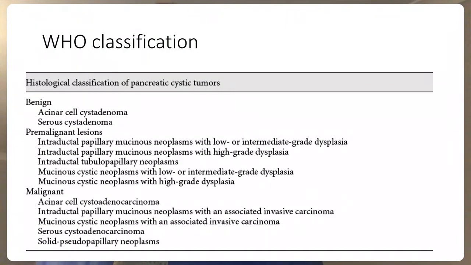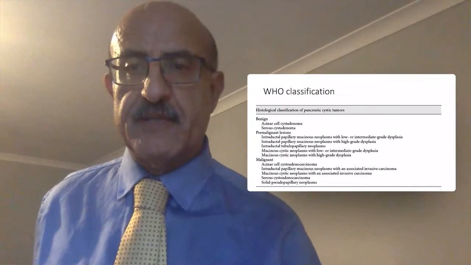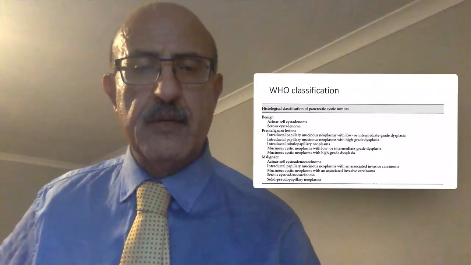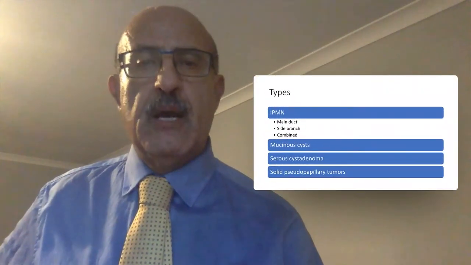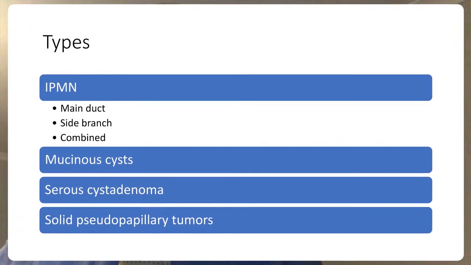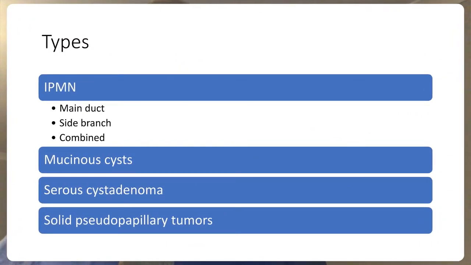I just wanted you to be aware of its existence. It's not much different from what we know in general, but we will make it simpler. So I have divided them for you into 4 separate categories. We did not include the pseudocyst here because the pseudocyst is not a neoplastic process, so I have included only the neoplastic lesions.